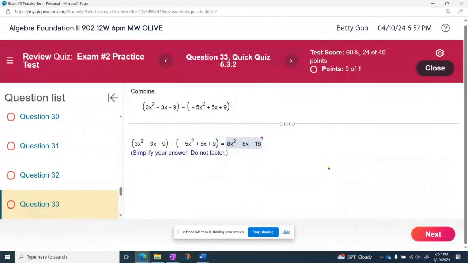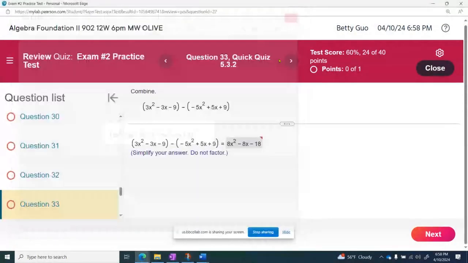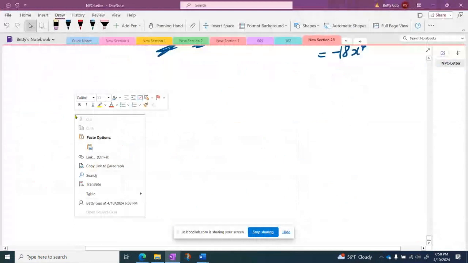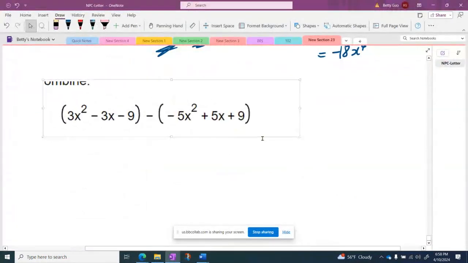Not combine, actually it's a subtraction. This is the difference of two polynomials. I feel like we just had a similar problem, right? And horizontal method. The first parenthesis has coefficient 1.